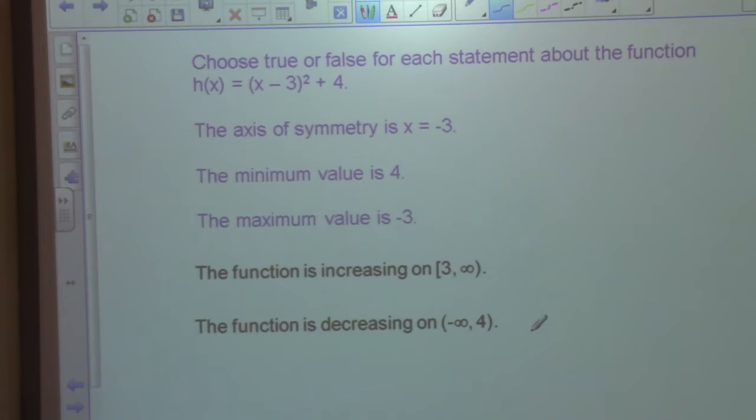We have this section here. Here's a function, and we're going to choose true or false for each statement about the function.